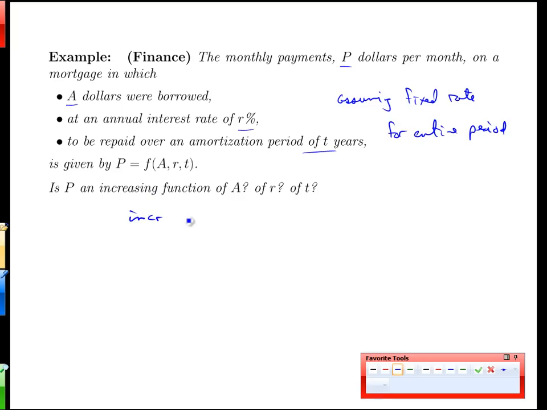I think it's pretty clear that if we increase our amount borrowed, we certainly increase the payments. Interest rate, if we increase R, then we definitely increase the payments as well. Again, this is always assuming the other variables are kept constant.